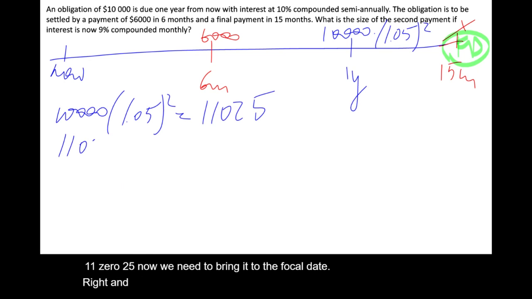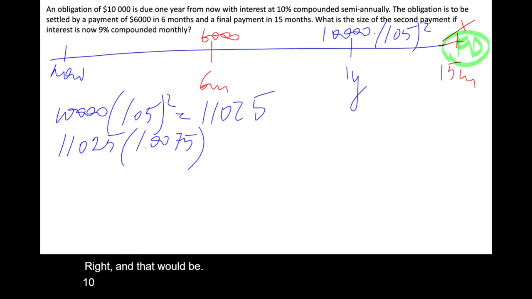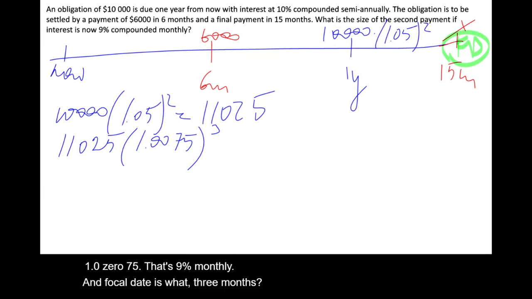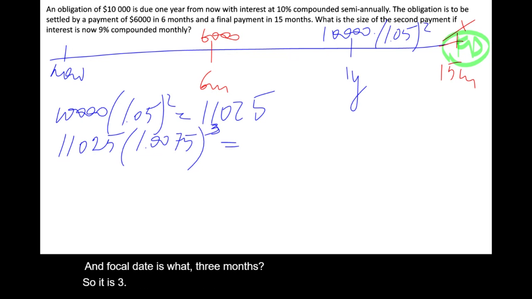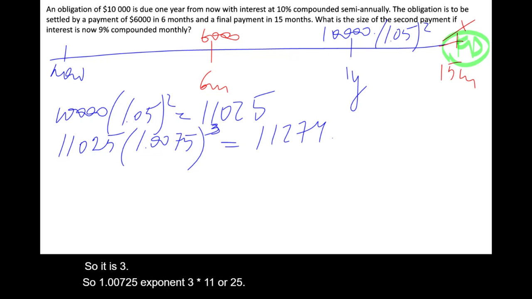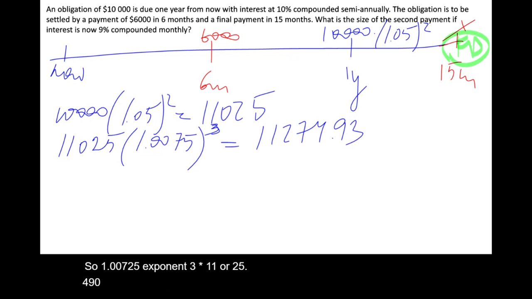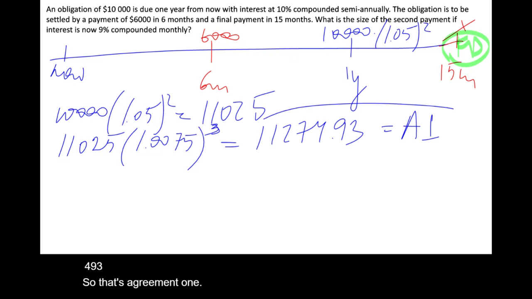That would be 1.0075. That's 9% monthly. And the focal date is what, 3 months? So it is 3. So 1.0075 exponent 3 times 11,025. 7493. So that's agreement 1, right?